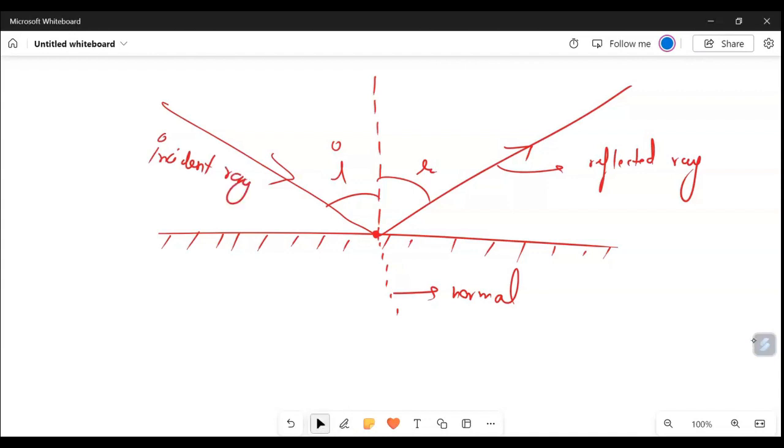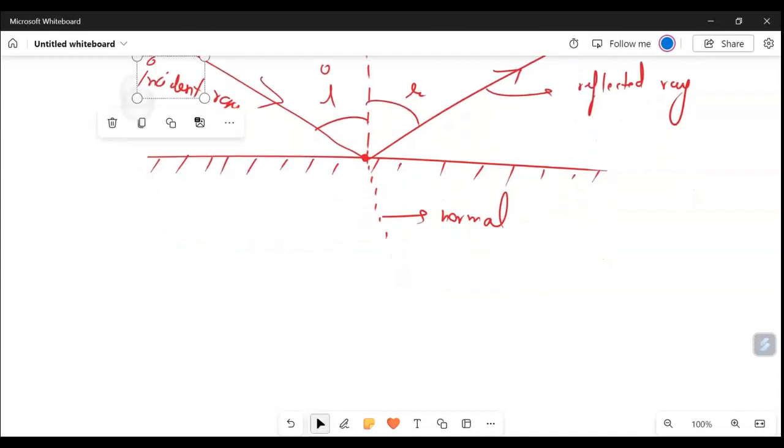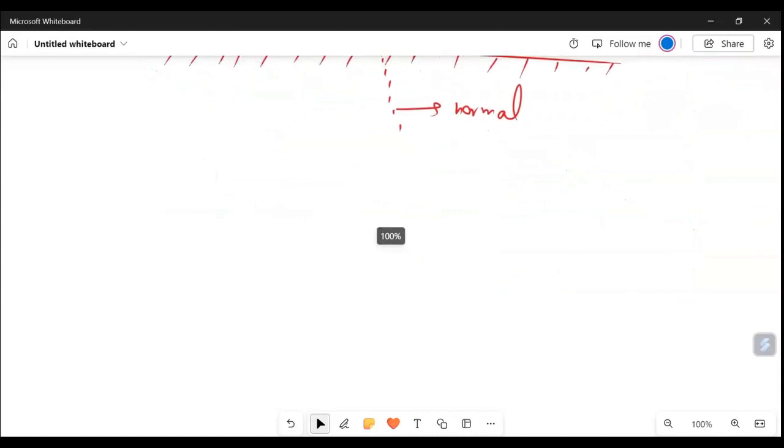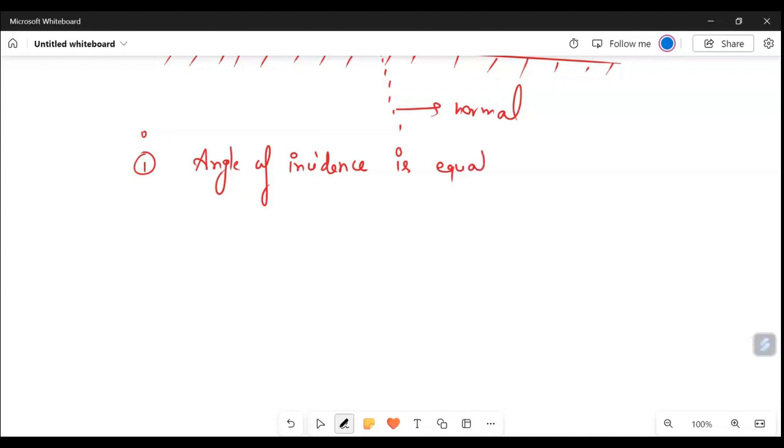So now we write down the laws. The first law of reflection is that the angle of incidence, which is the angle between the incident ray and the normal, is equal to the angle of reflection.